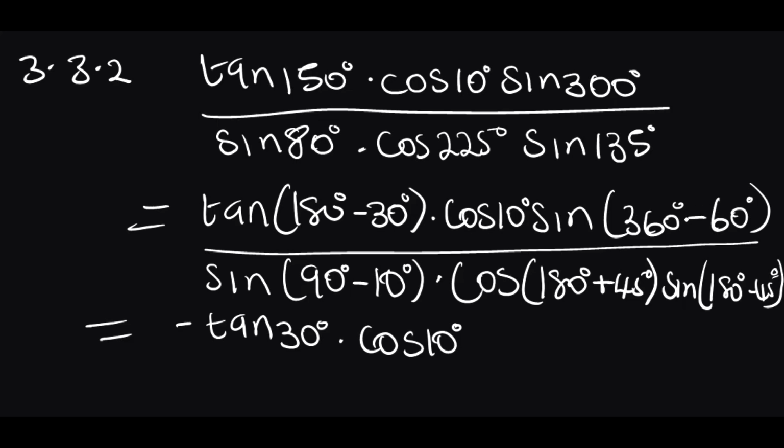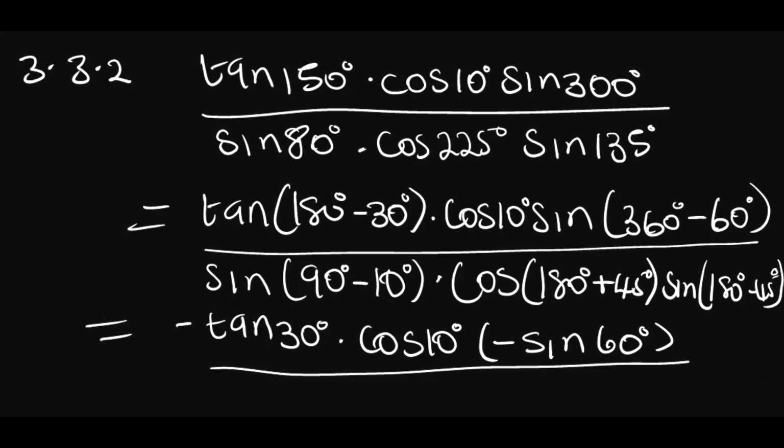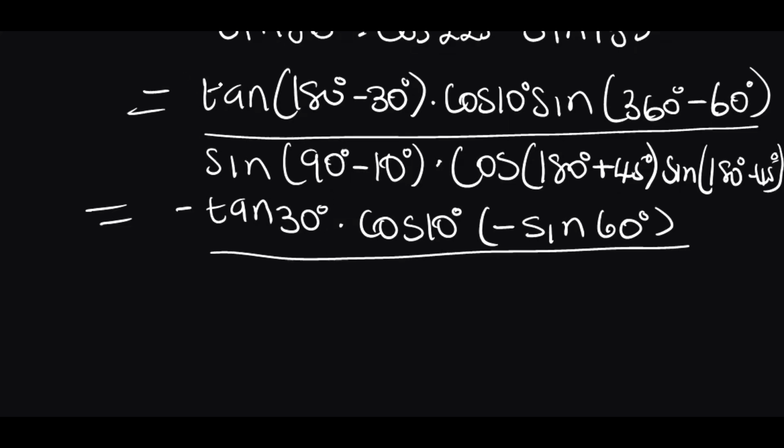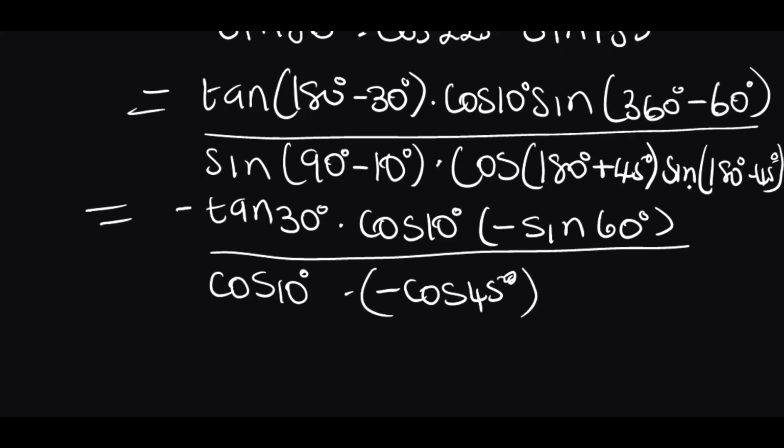This is the fourth quadrant where sine is negative, meaning we will have negative sine 60 degrees, all over sine 90 degrees minus 10, which is equal to cos 10 degrees times, this is the third quadrant where cos is negative, meaning we have negative cos 45 degrees, times, this is the second quadrant where sine is positive, so now we have sine 45 degrees.